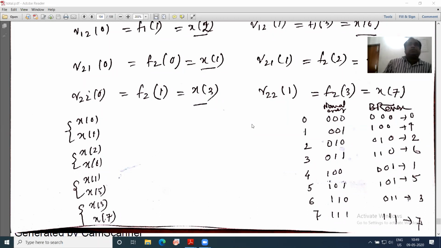What combinations are to be taken for computation of the 2-point DFT? We identified through derivations that x0 x4 is a combination, x2 x6 is a combination, x1 x5 is another combination, and x3 x7 is another combination. These are the 4 combinations we have to take, and I have to compute the 2-point DFT.